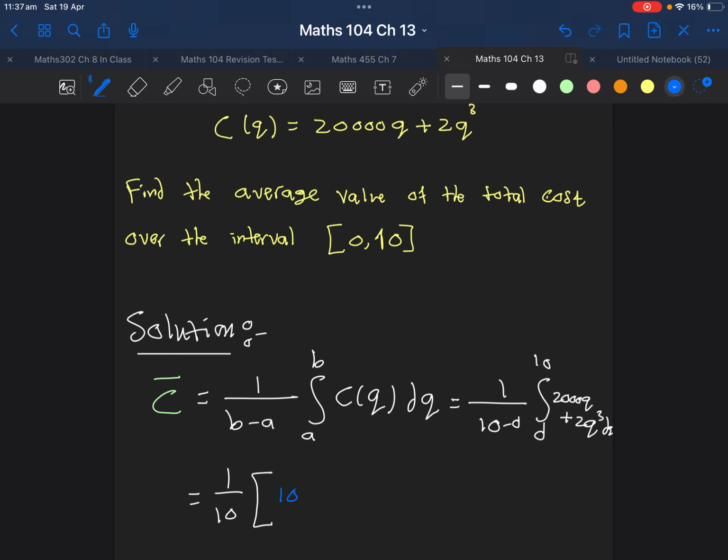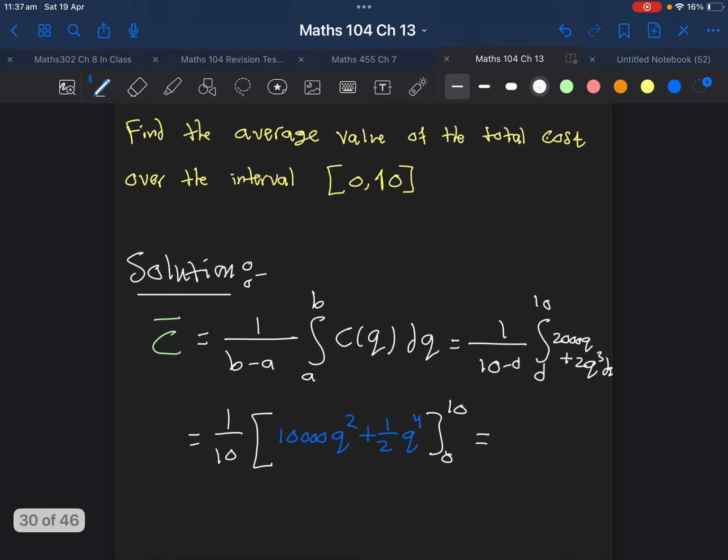It will be just 1/10,000 Q squared plus half Q to the power 4. And all we need to do is substitute 0 and 1 time with 10 to get the final answer. So that's all we have to do here. And that will give me the average cost.